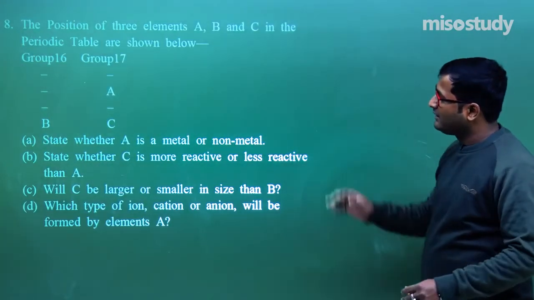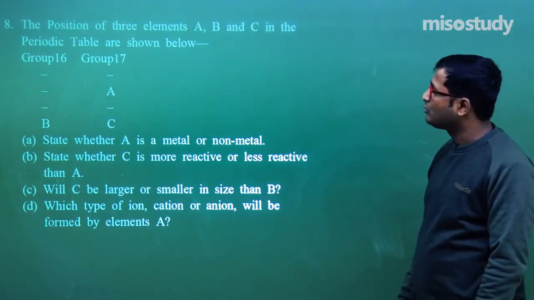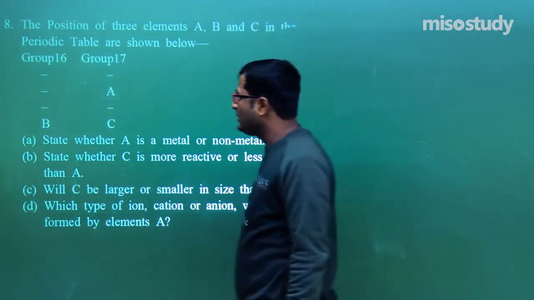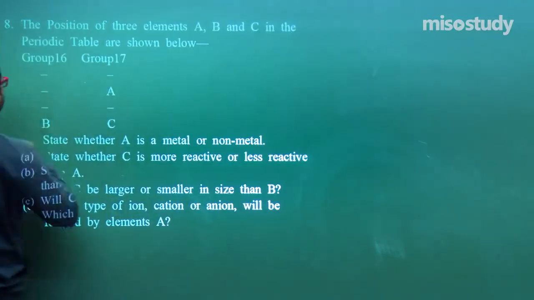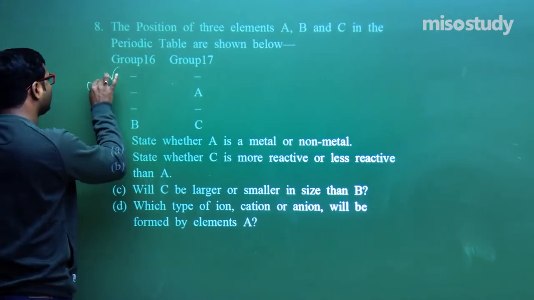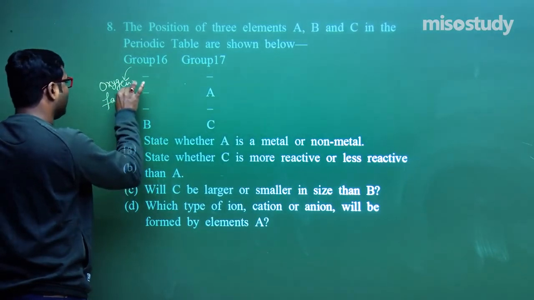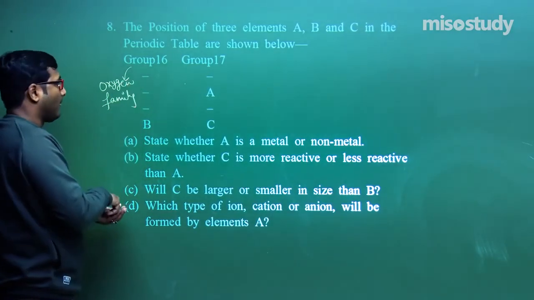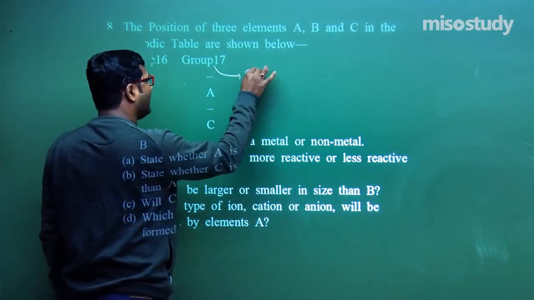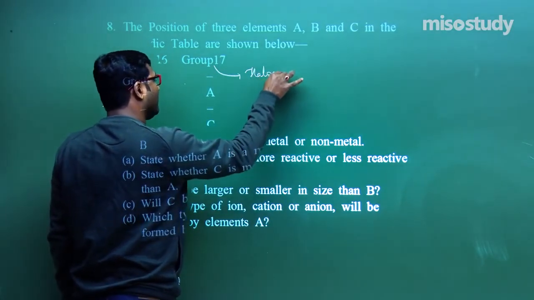Now this is a somewhat technical question, given group 16 and group 17. As we know, group 16 belongs to the oxygen family. It is also known as chalcogens, the ore formers. And group 17 are called halogens. Clear? Yes sir.